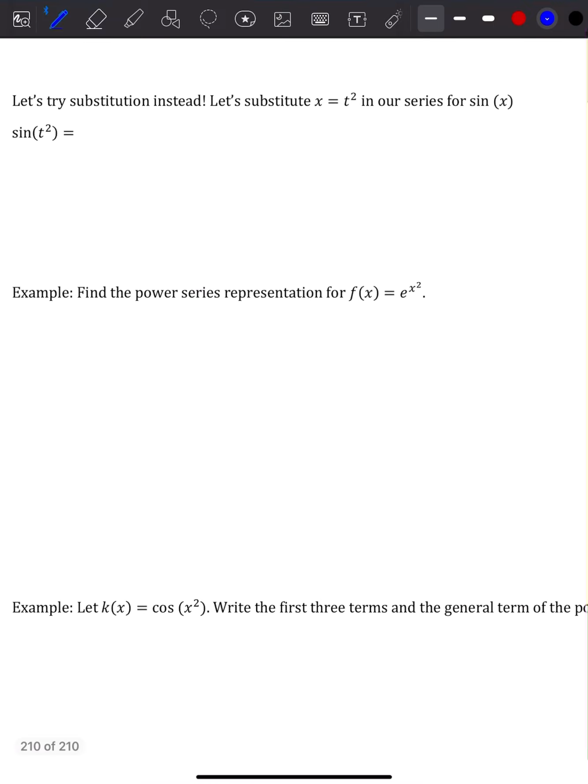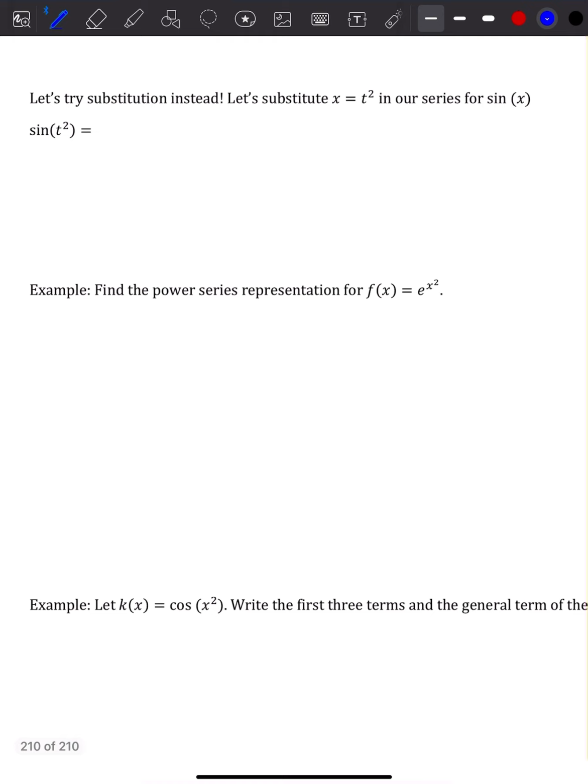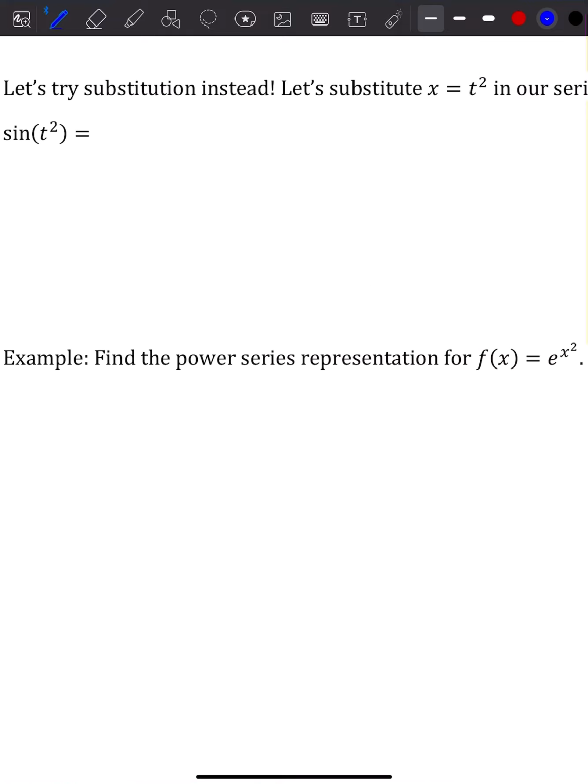Let x equal t squared. We want to look at the series of sine of x, but instead of x, we're going to use t squared. Our series starts with x, so we substitute in t squared.